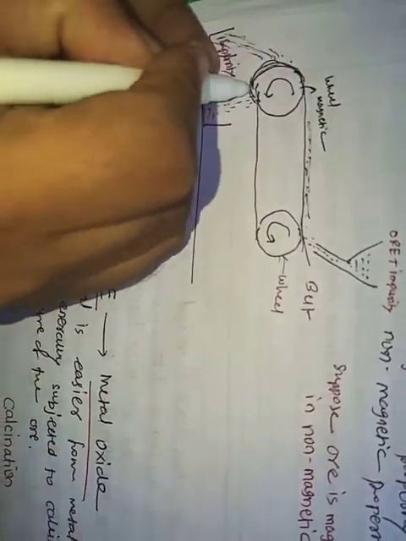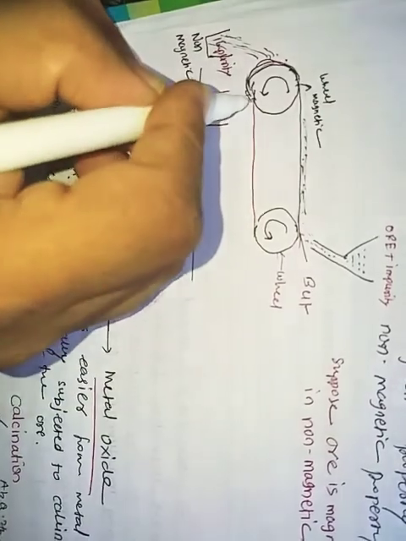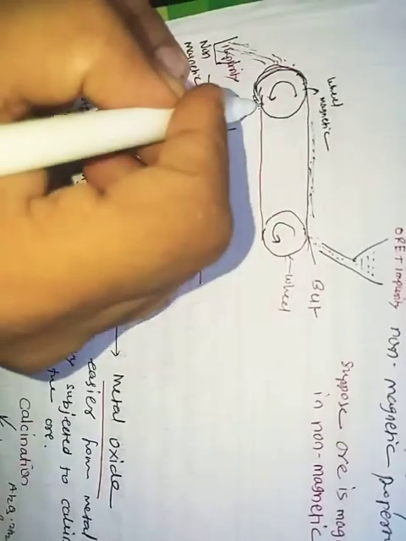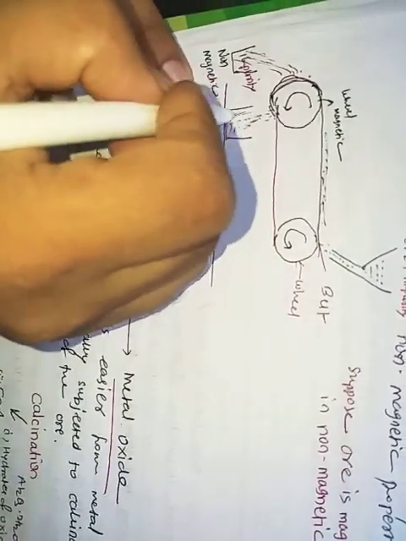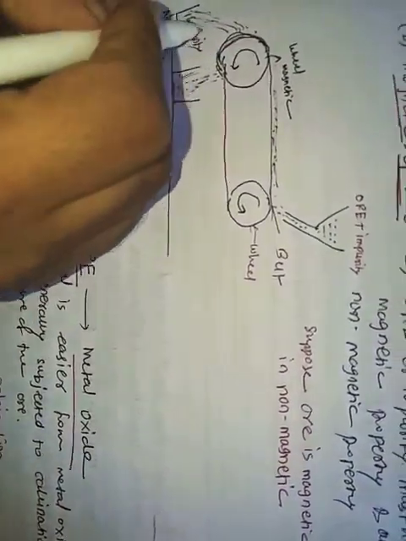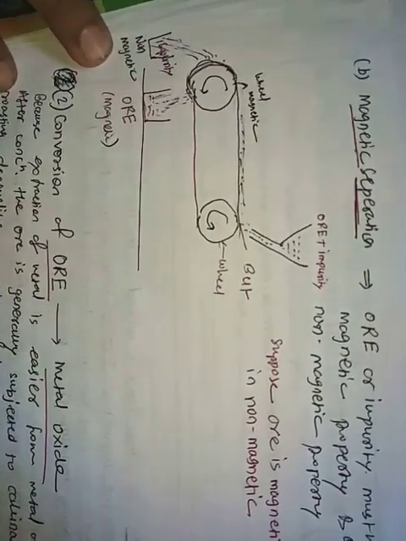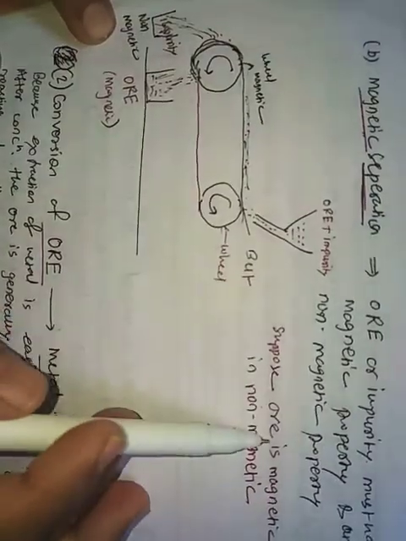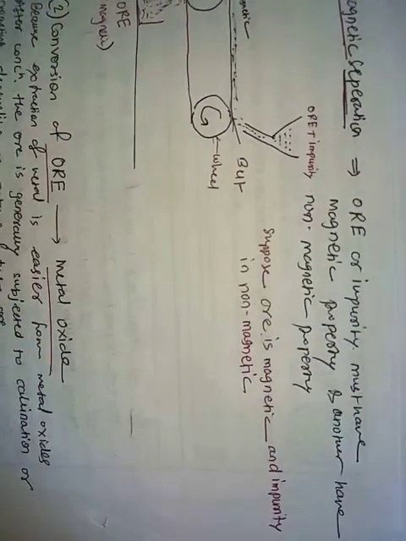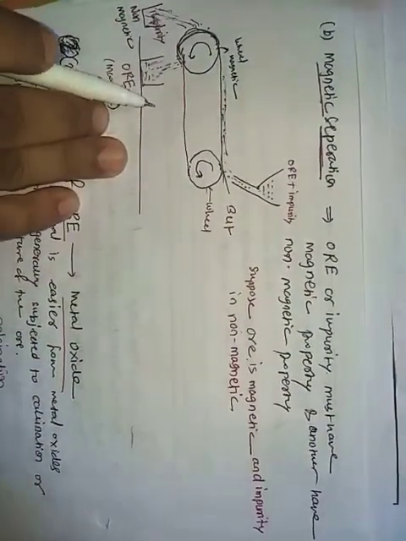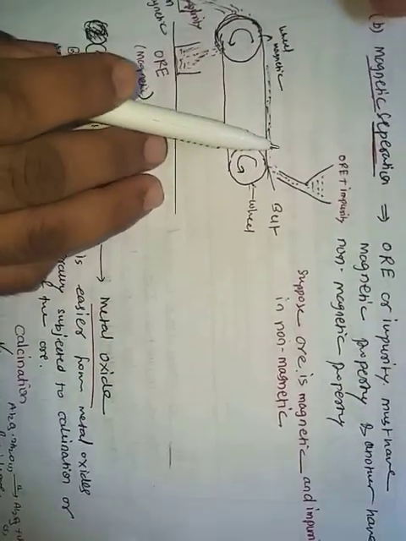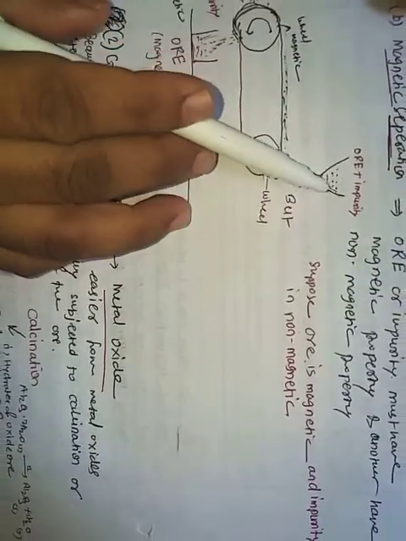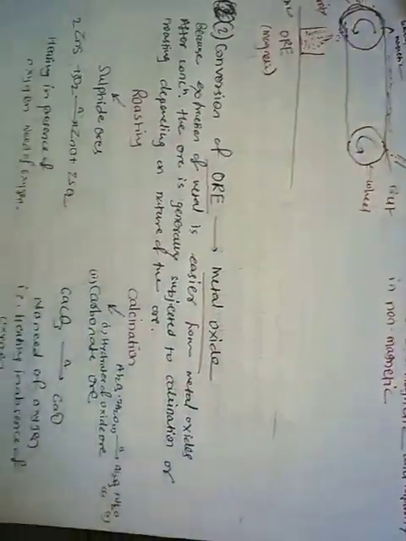After the magnet, whatever magnetic ore has that property will fall down here. Then the non-magnetic part, which is your impurity, will fall here. So here the ore is magnetic and the impurity is non-magnetic. Like that we can separate with the help of magnetic separation. See the diagram here, ore plus impurity.